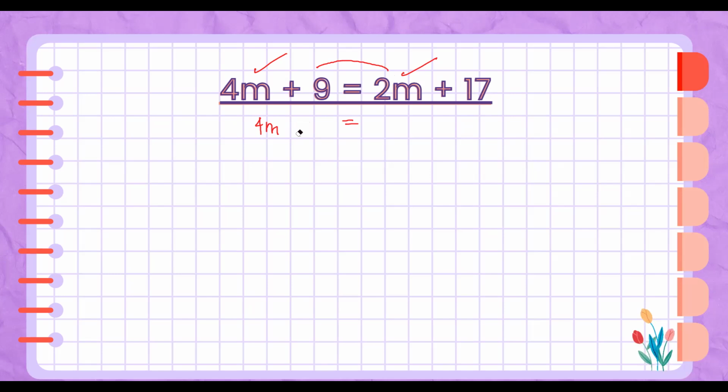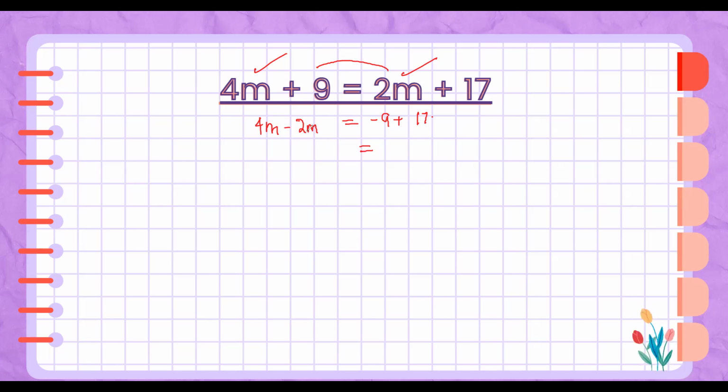We don't have to write plus minus 2m; we can just simplify it as 4m minus 2m, gives you minus 9 plus 17. How did we get the minus 9? When this 9 moves to the other side, it will become negative. So we'll get minus 9 plus 17.